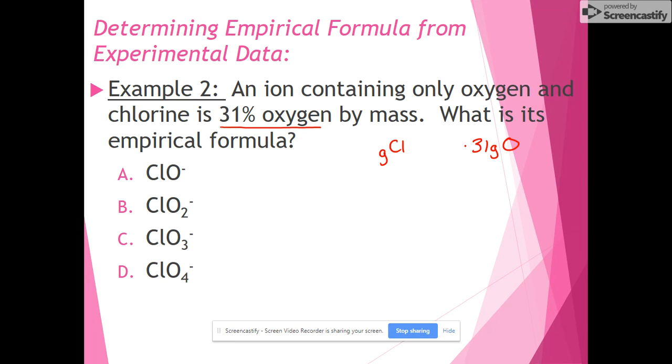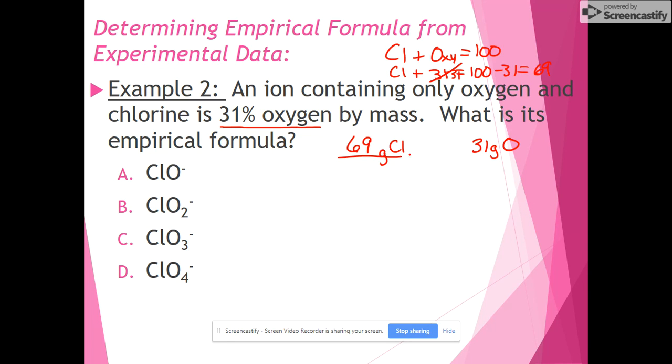We know that everything has to add up to 100. So chlorine plus oxygen must equal 100. That means if oxygen is 31, chlorine plus 31 equals 100, we can just subtract 31 to know that chlorine is going to equal 69. So chlorine is 69 grams.